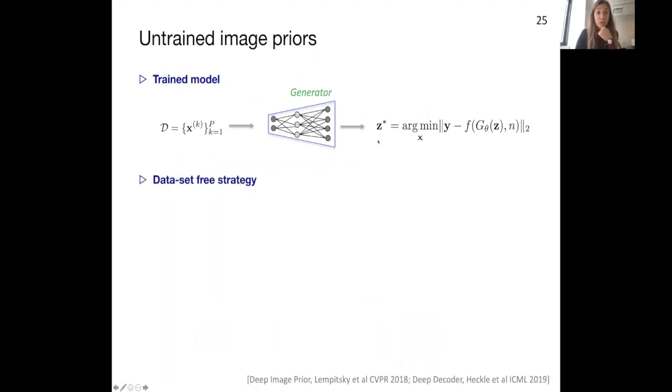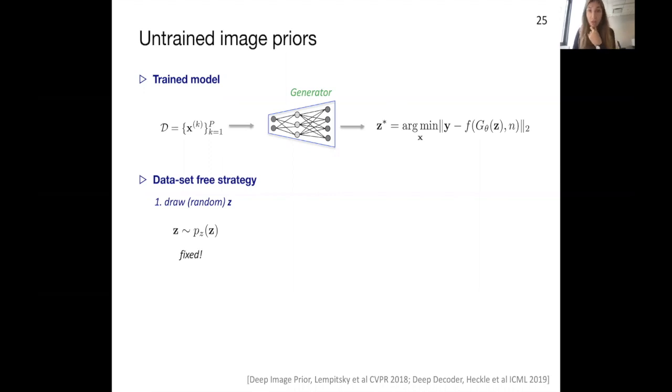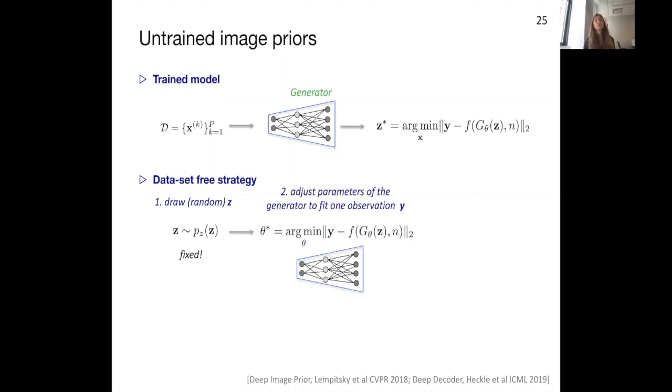With the dataset-free strategy proposed in this paper, Deep Image Prior, and a subsequent important work, the Deep Decoder, one draws a fixed latent representation. This is not going to be changed anymore for the whole process of reconstruction. Then one adjusts the parameters of the deep neural network to the single observation we are trying to reconstruct from, finding the parameters theta star.